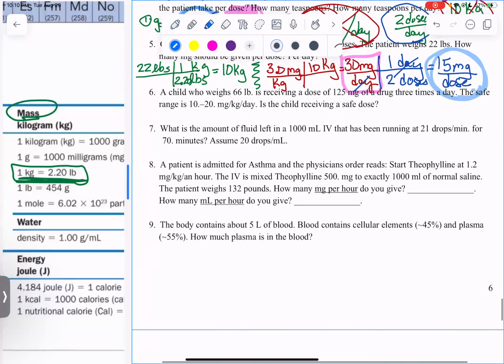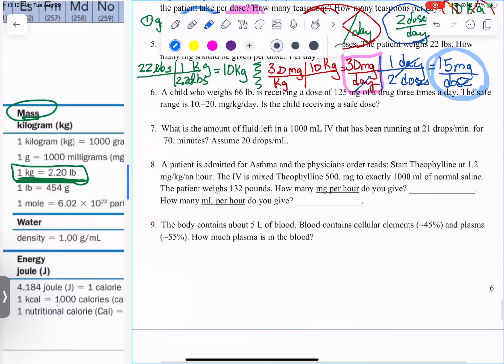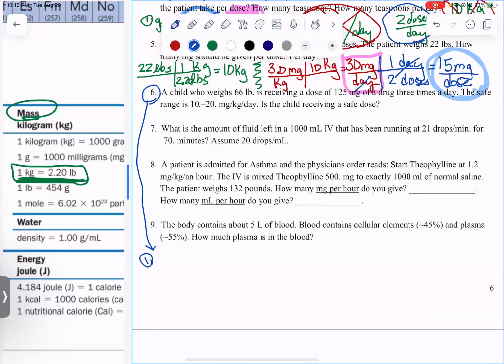Okay. Let's see if I can take this one down here. A child who weighs, we're going to put 1, we're going to put 2. That's our 1, our goal. And then 2 is what we know. And I'm going to pull this out as I go. A child who weighs 66 pounds is receiving a dose.